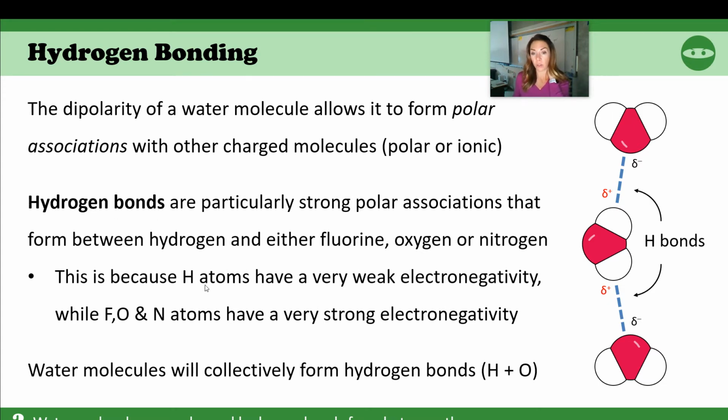That's because hydrogen only has one electron, right? So it has very weak electronegativity, and those other ones, fluorine, oxygen, and nitrogen, have very strong. And so anytime we see hydrogen bonds with those three atoms, we get these polar molecules. Okay. And then we've talked about how water molecules collectively form these hydrogen bonds, and that makes them kind of stick to each other.